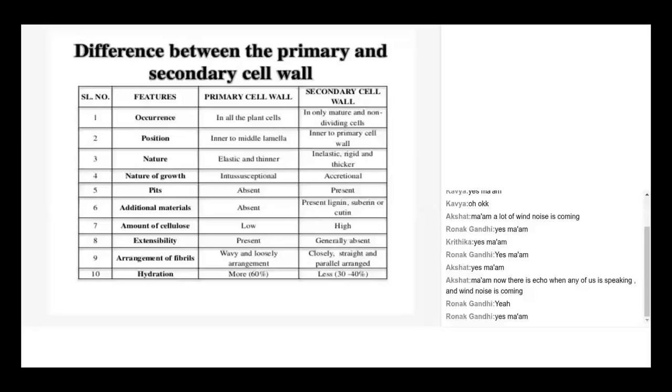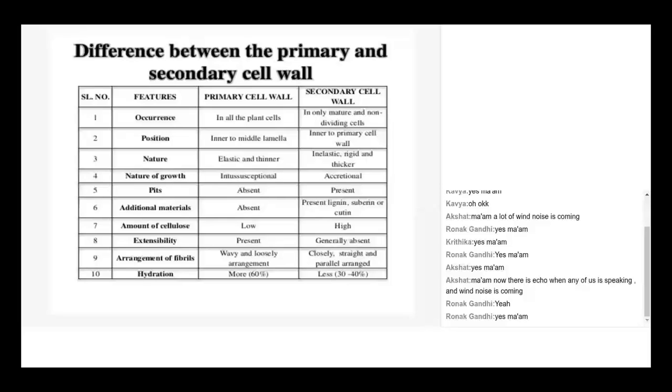Impermeable means it will not allow any of the materials outside the cell into the cell. So why this difference is there between primary and secondary cell wall is the point of interest here.